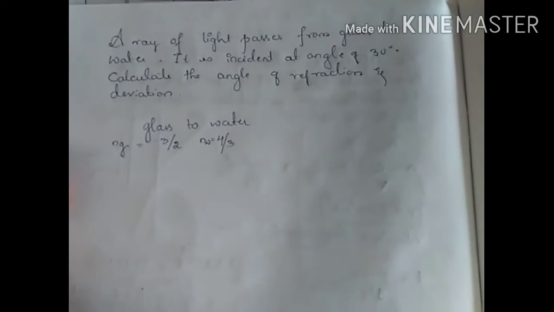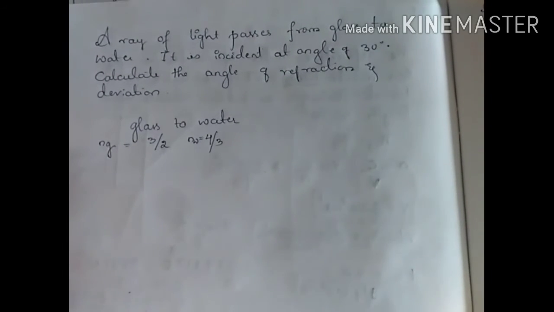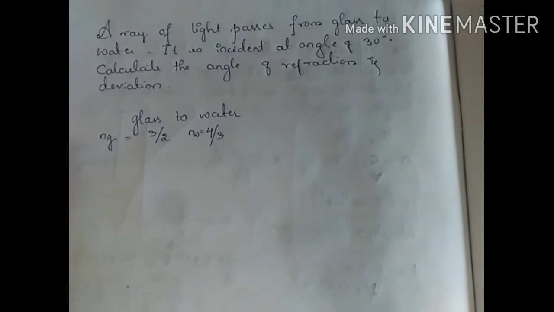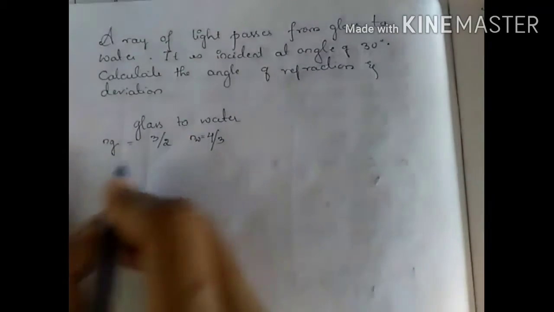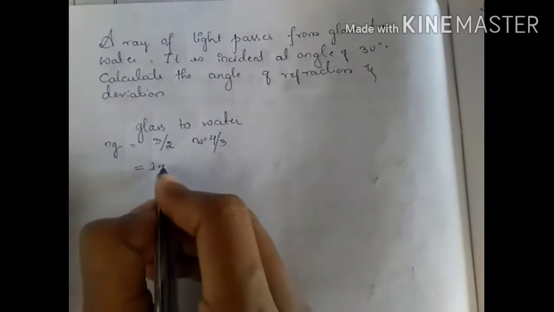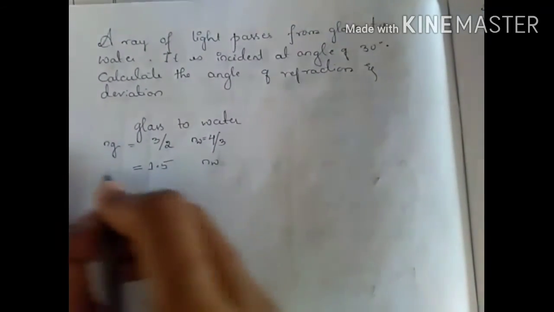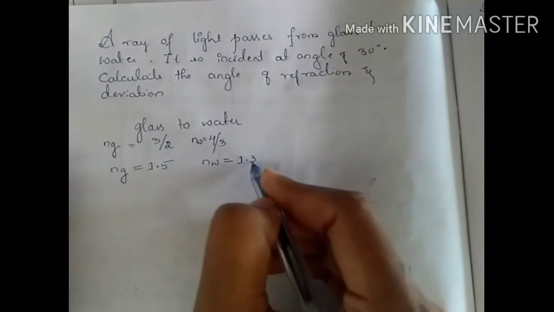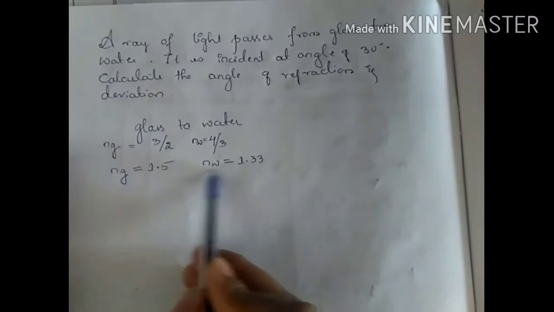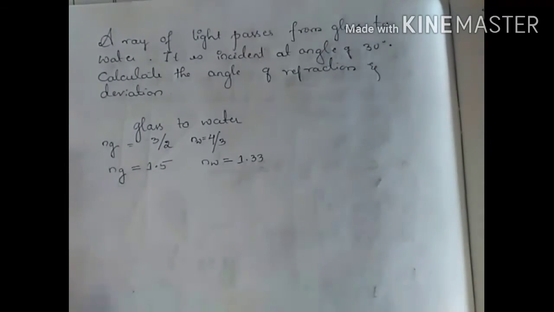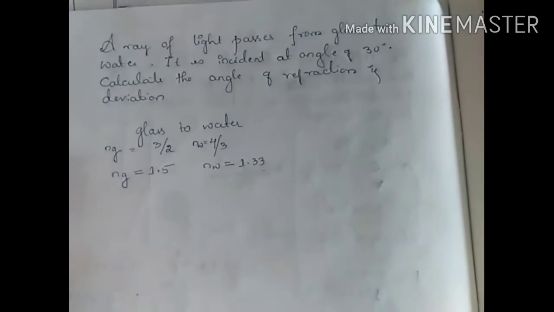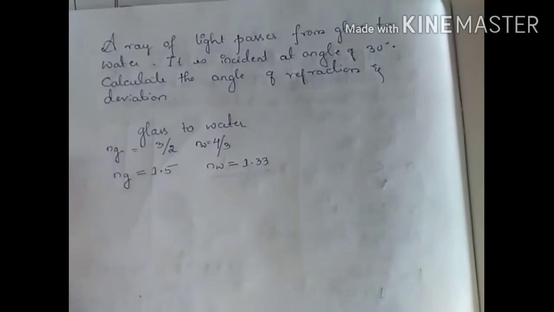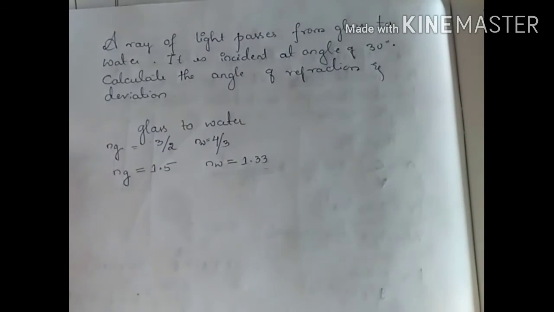From this data, which medium is rarer and which is denser? If I write glass as 1.5 and NW as 1.33, then water forms the rarer medium, whereas glass forms the denser medium.